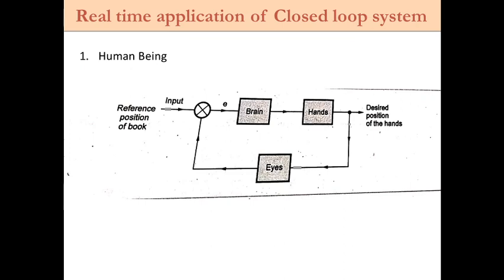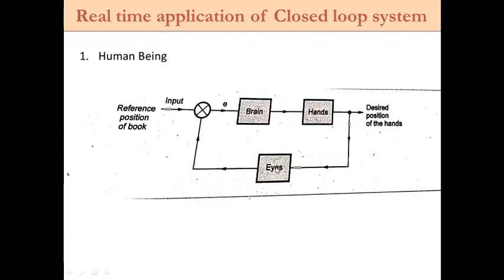Now we'll try to understand what exactly a closed loop system is by considering some real-time applications. The very first one is a human being, that is we. This is one of the best examples, right? If a person wants to reach for a book on the table, the closed loop system can be represented using this block diagram.